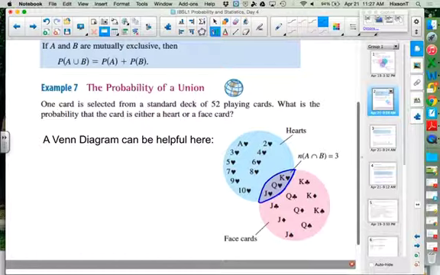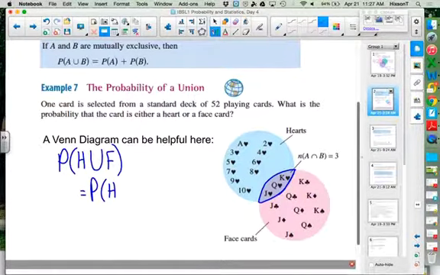So if I want to find the probability of a heart or a face card, first of all, I need to figure out the probability of a heart. Isn't that just 13 out of 52? Which is 1 out of 4. 1 out of every 4 cards in the deck is a heart.